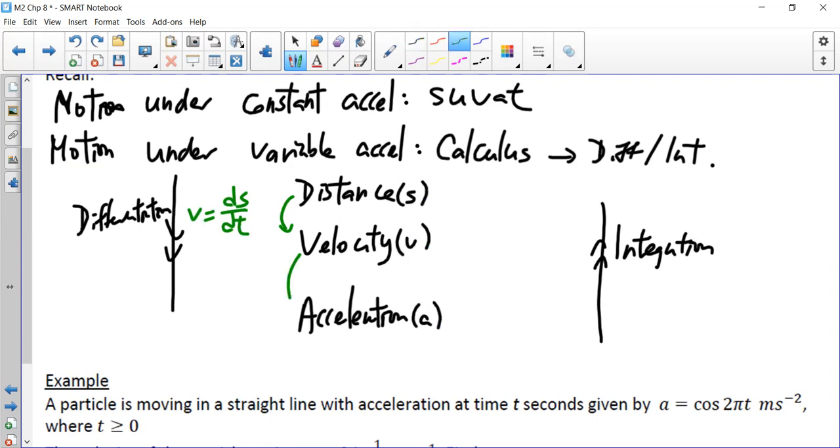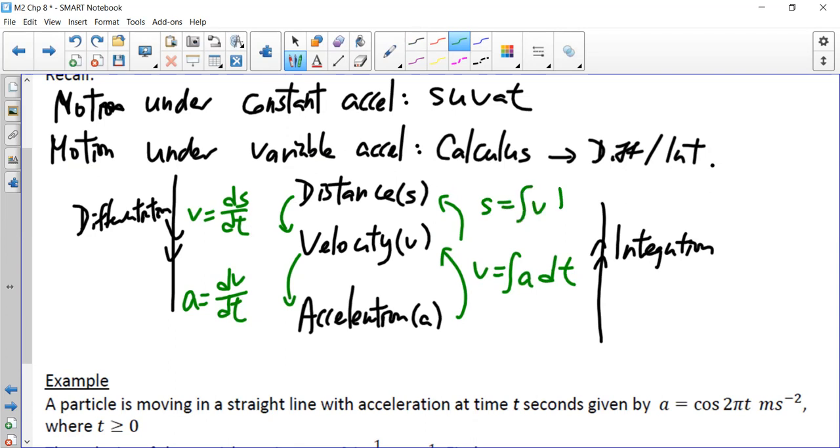And next one, similarly, the arrow is pointing towards a, so a equals dv by dt. Going backwards from a to v, the arrow is pointing to v again, so v equals the integral of a dt. This one is s equals the integral of v dt. So you've got 4 formulae to remember.